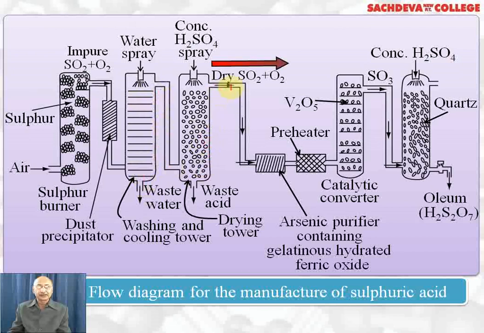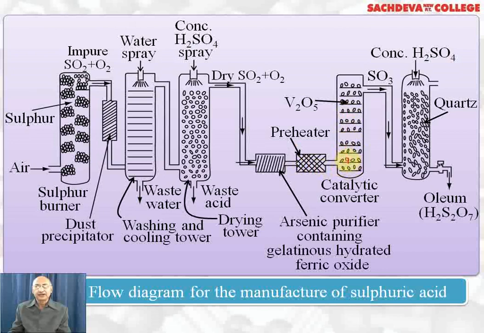Dry sulfur dioxide and oxygen are fed into this chamber where arsenic impurity is removed, and sulfur dioxide plus oxygen free from arsenic is passed on preheater where temperature is maintained 700 Kelvin, and here we have got catalyst vanadium pentoxide.